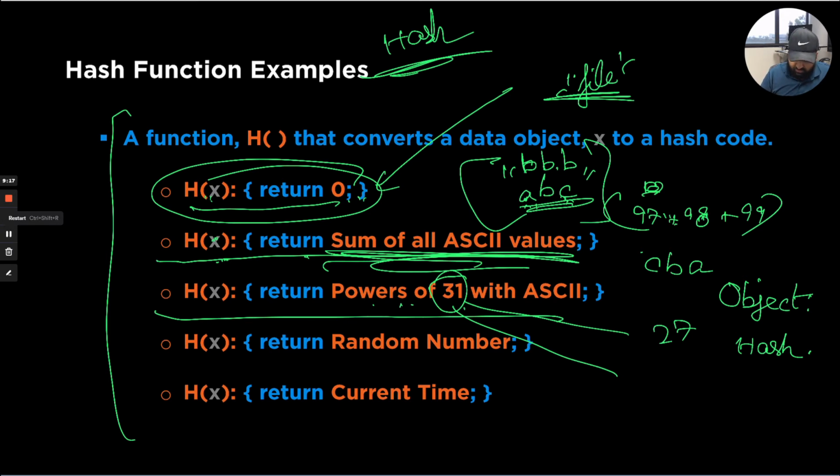So if you use this method, this is a good hash function. Why? Because 31 is a prime number. When you study more details in number theory, you will see that if this is not a prime number, certain objects would resonate after certain intervals.